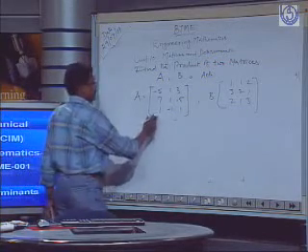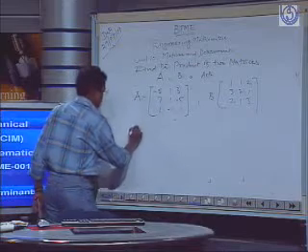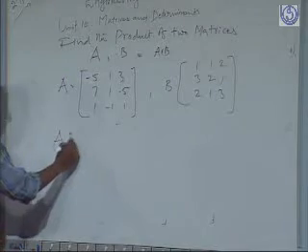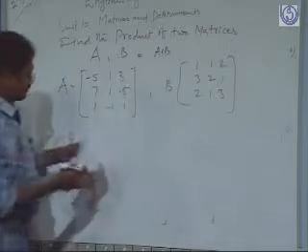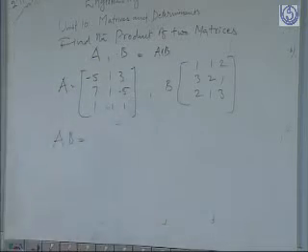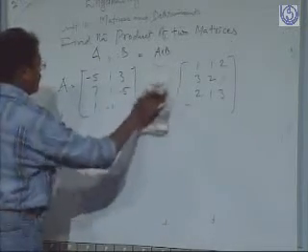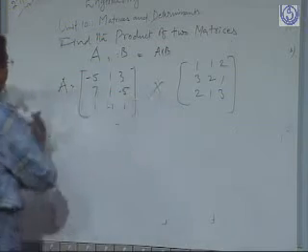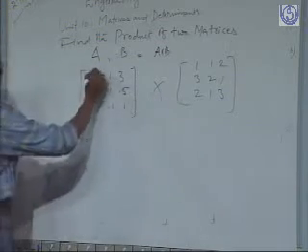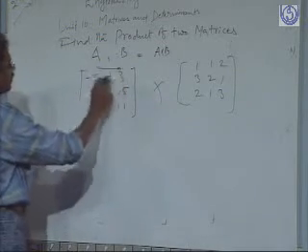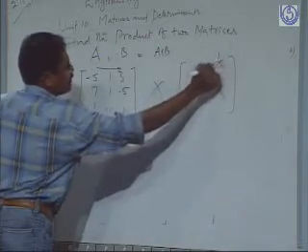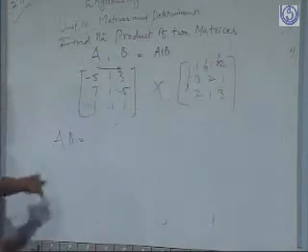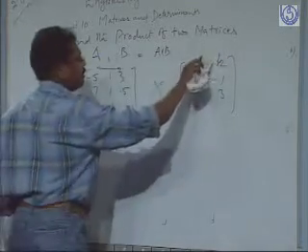Here again A into B, that is AB, is equal to multiplying these two matrices. So we have to multiply this row with these columns, as well as these columns, so we multiply all the columns with this.